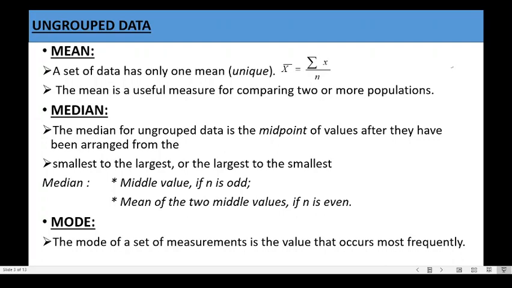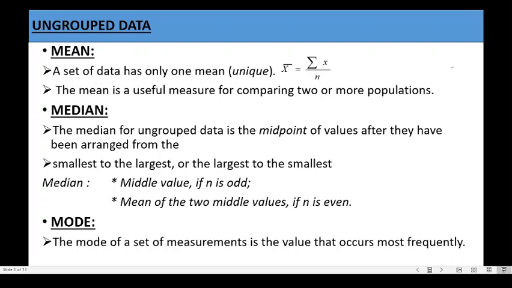After you arrange the numbers, identify the middle value. If you have two numbers in the middle, you add them and divide by 2 so that you get the midpoint. That is the median.